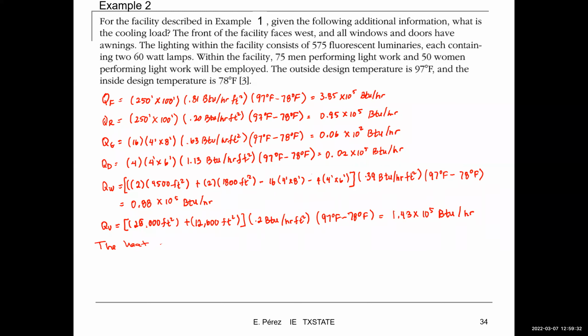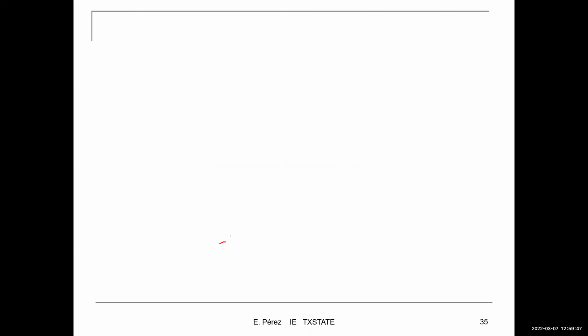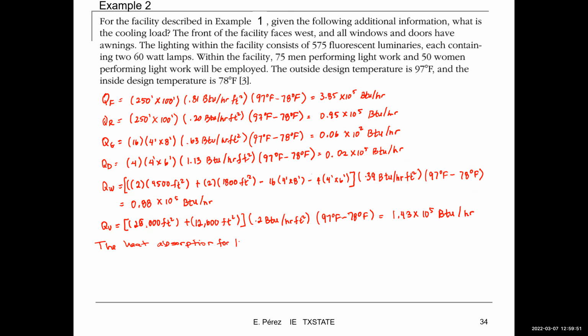The heat absorption for the west side of a facility in Chicago is 100 BTUs per hour feet square.